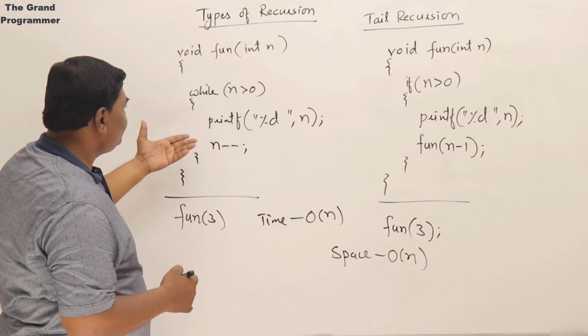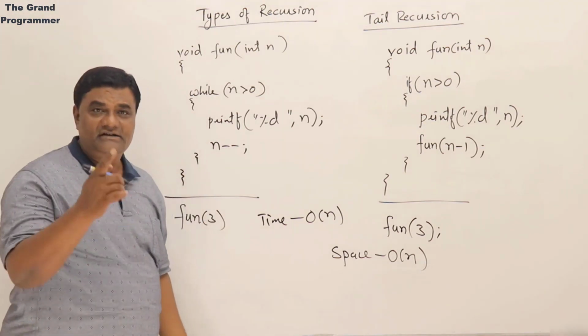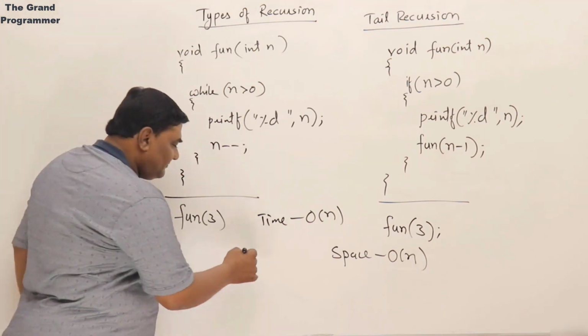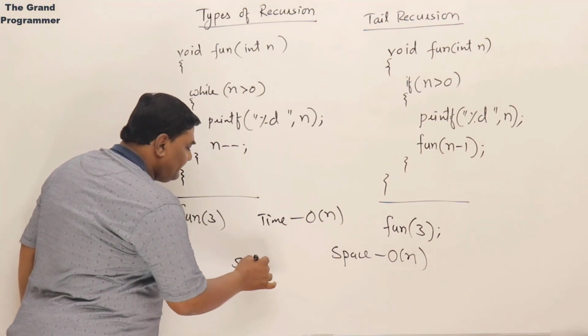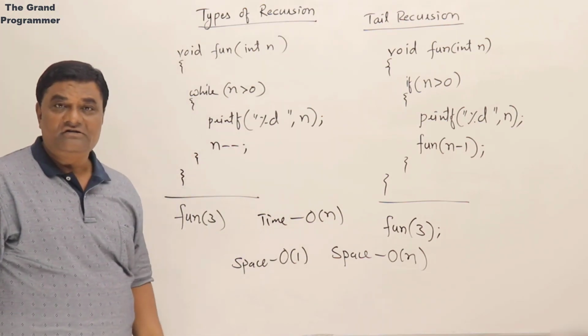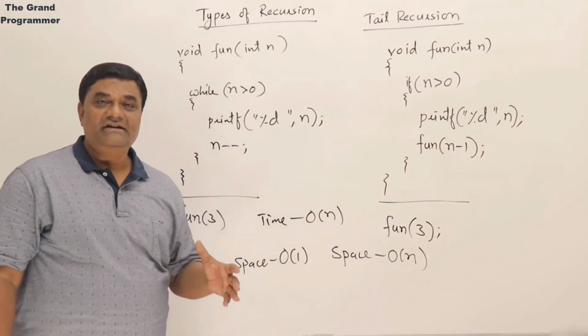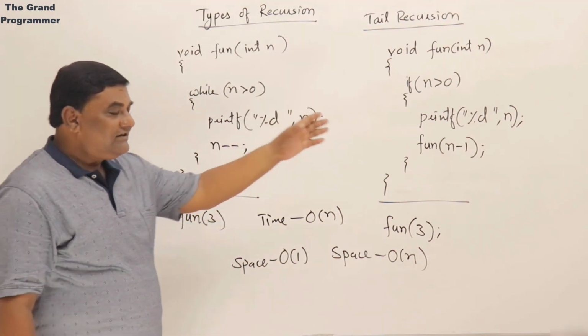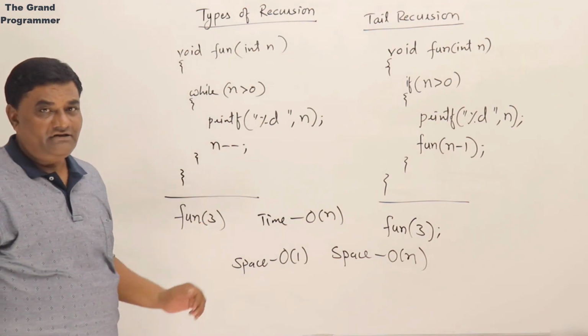This is a loop function. How many activation records will be created? Only one, it is not calling itself again. So the space complexity for this one is order of 1. It is constant. So here it is order of n, and here it is order of 1.